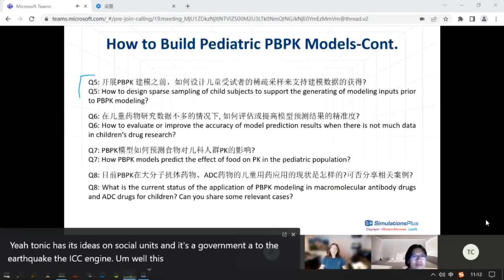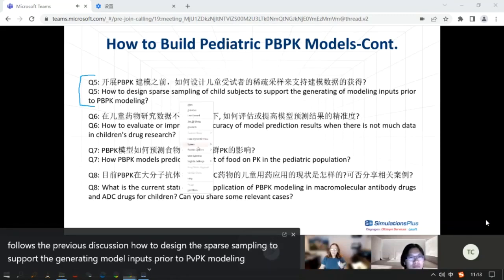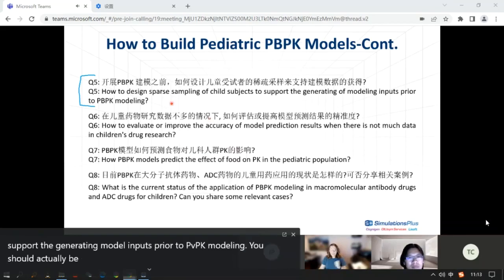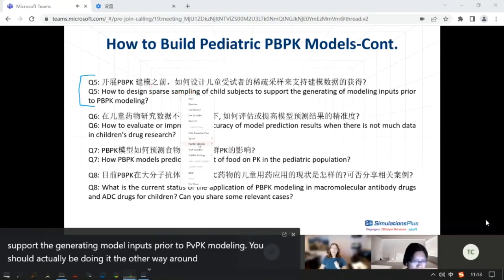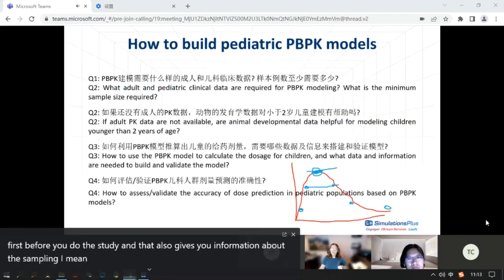Well, this question actually directly follows the previous discussion. How to design the sparse sampling to support the generating model inputs prior to Pbpk modeling. You should actually be doing it the other way around. Do the Pbpk modeling first before you do the study, and that also gives you information about the sampling, in which region you should be sampling more.